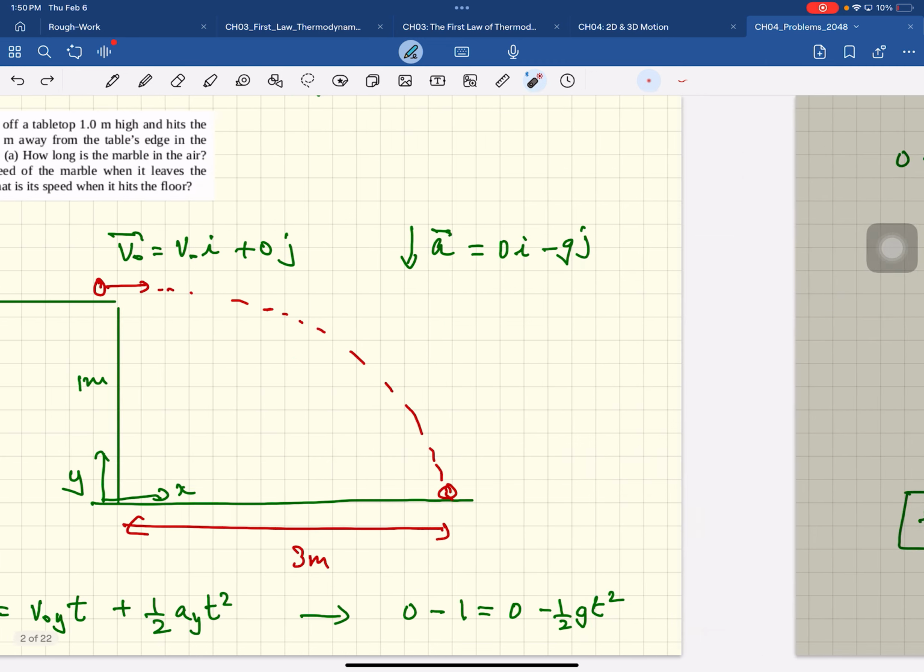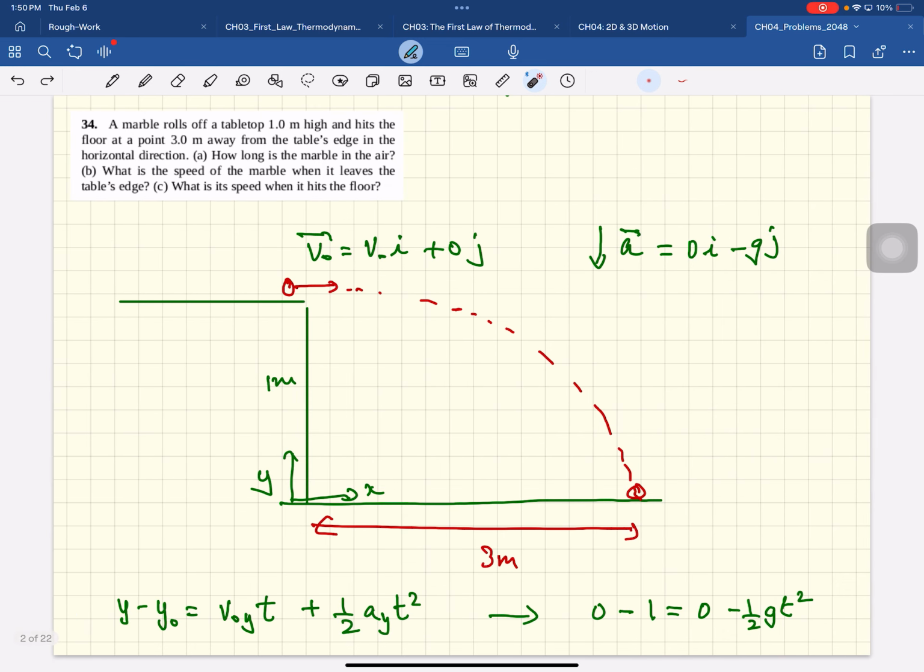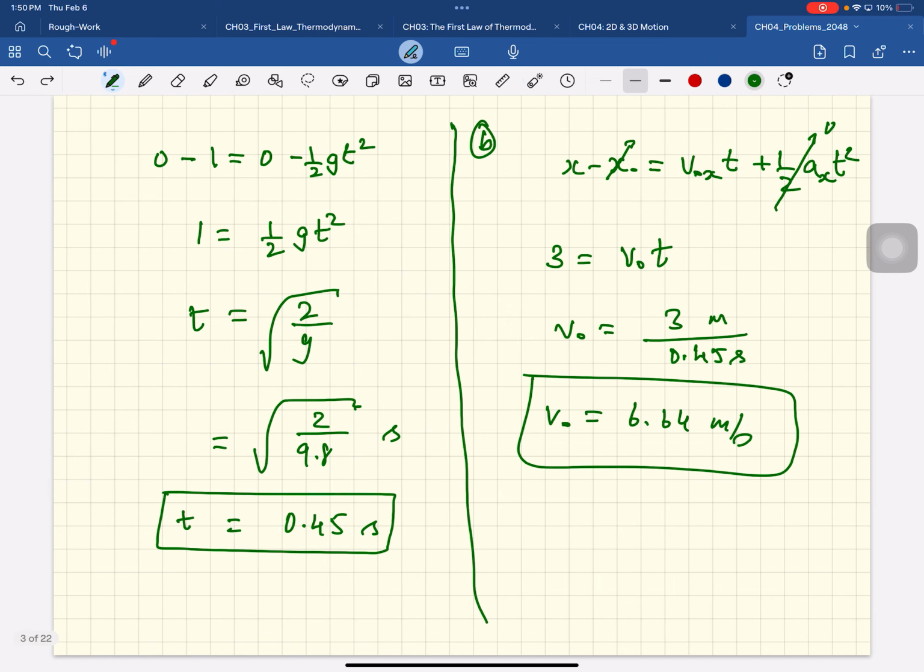What is its speed when it hits the floor? So there's the marble, and its velocity will be tangent to the path. It has an x component of velocity and a y component of the velocity. Does its x component of the velocity change along its flight?